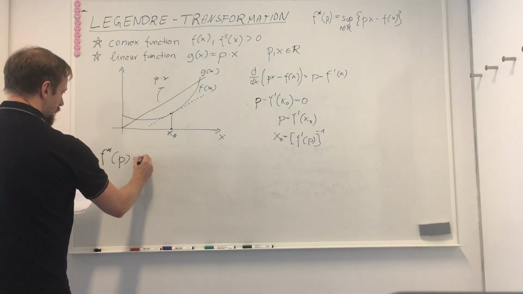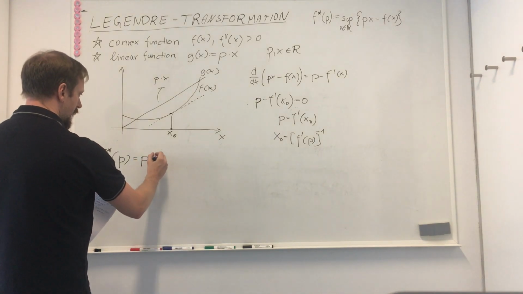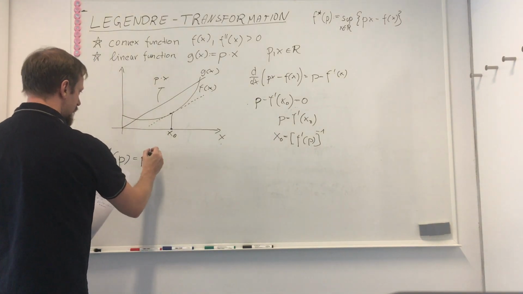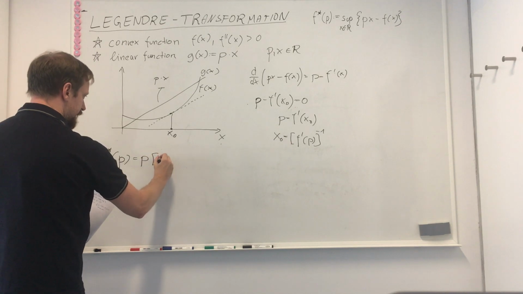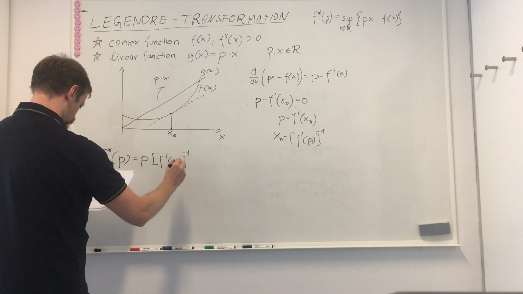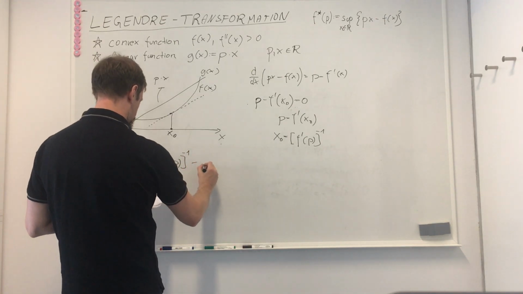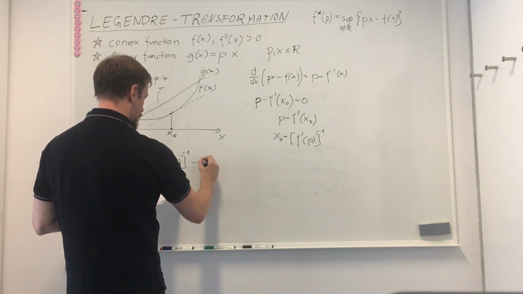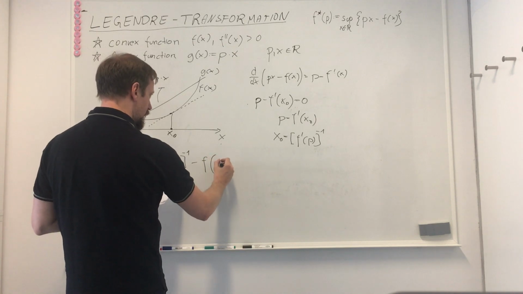It is p, and now we just have to copy x naught. Hopefully I'm not making any mistake here.